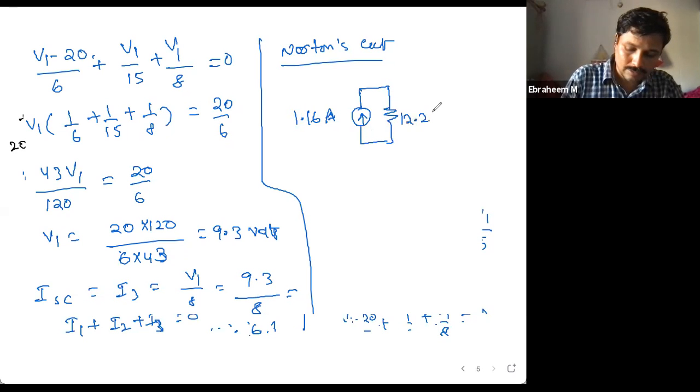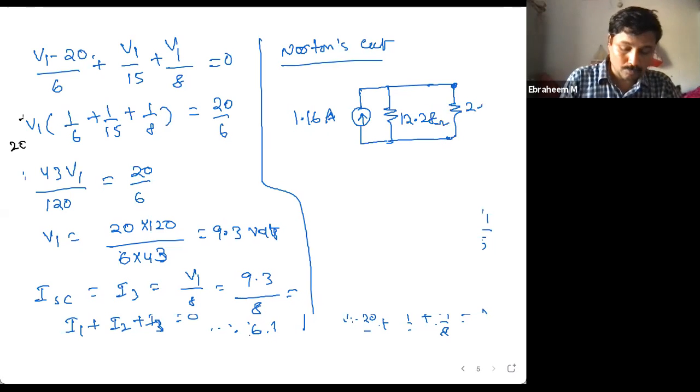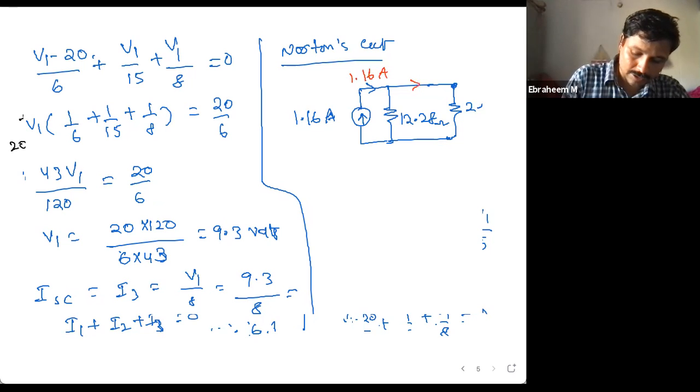RTH is 12.28 and the load is 2 ohms. Okay, so a total current of 1.16 amperes comes up to here. This is IN.